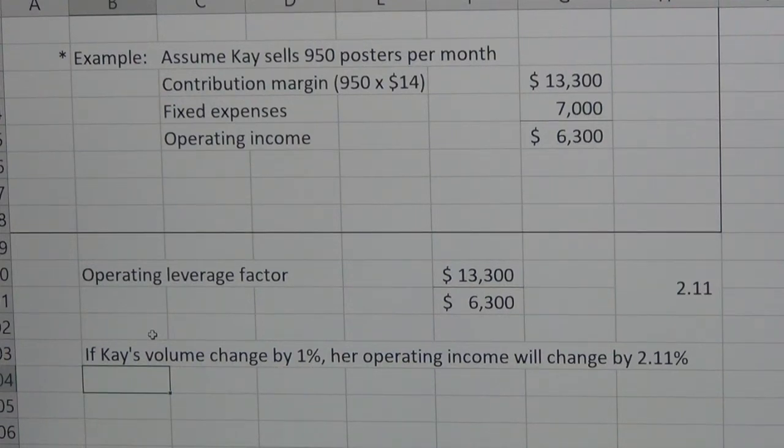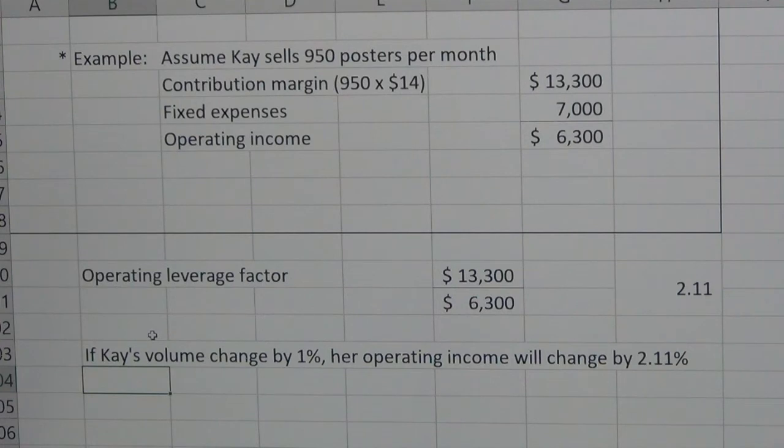So when you have a lot of fixed costs, you're essentially taking on a lot of risk. A lot of risk means that there's going to be some dramatic changes in income relative to changes in volumes. A company who has high fixed costs relative to variable costs is considered to be highly leveraged. So highly leveraged means you're taking on more risk.